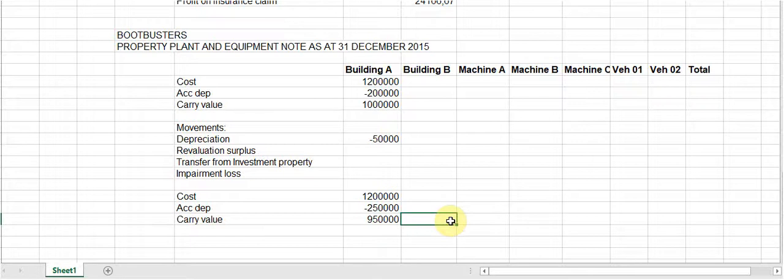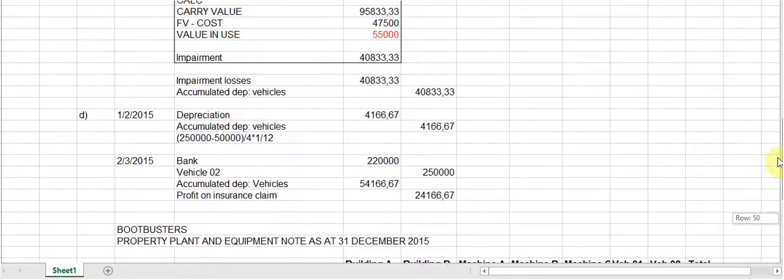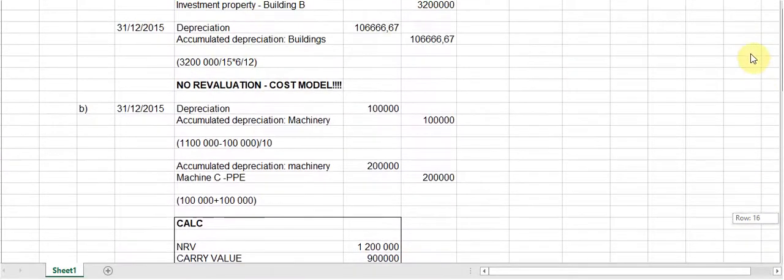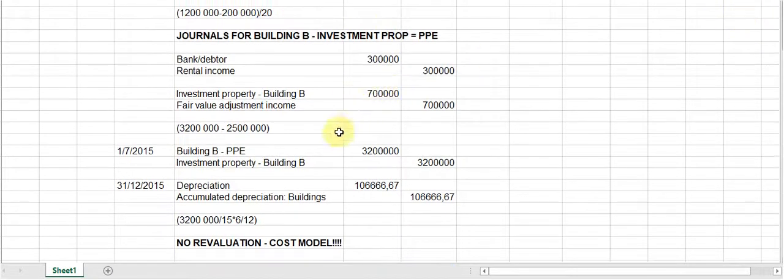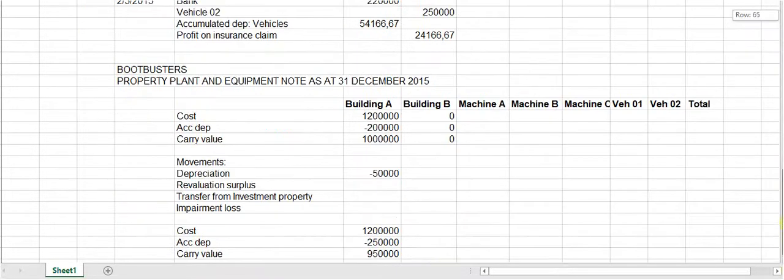950,000. If we look at building B, at the beginning of the year, it was investment property. So the balances would have been 0. Then during the year, it had been transferred from investment property to PPE. If I look at that journal entry, the transfer was done at 3.2 million Rand. So I'm slotting it in.